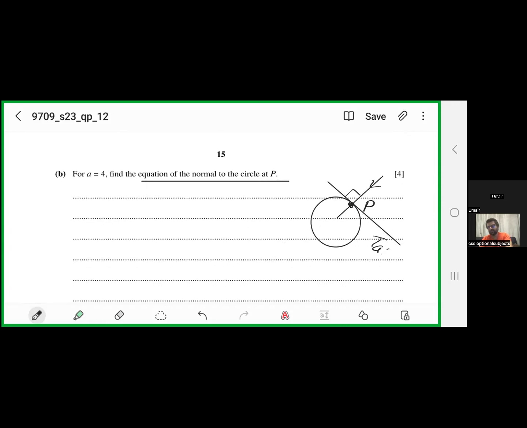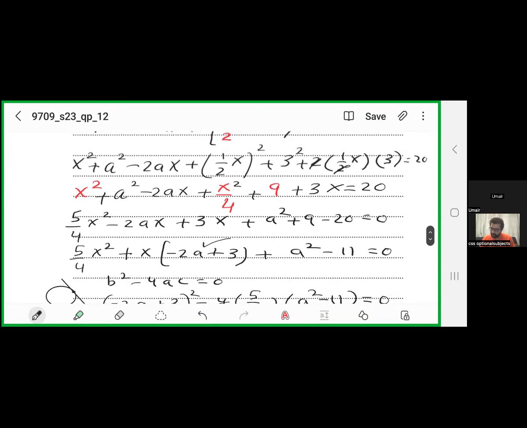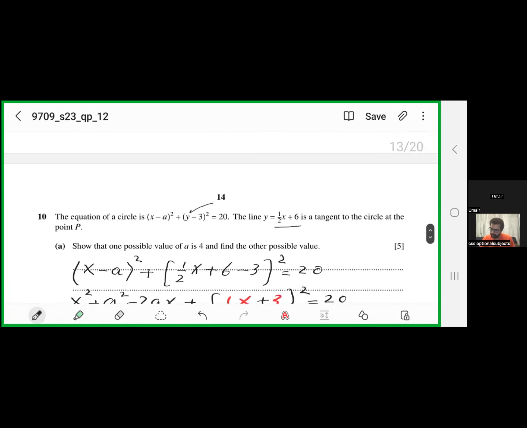This was the tangent. Now, as far as point P is concerned, let us go back to point P. So we have the tangent to the circle at point P.